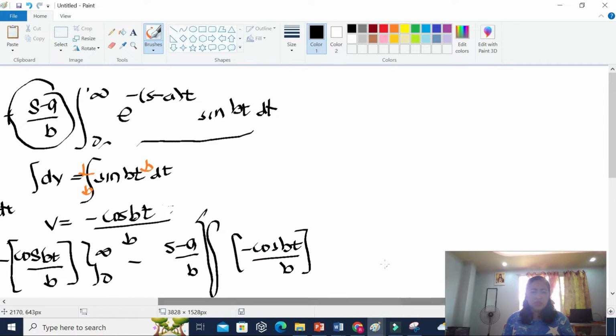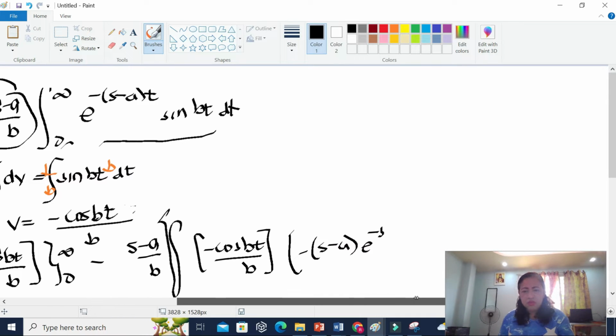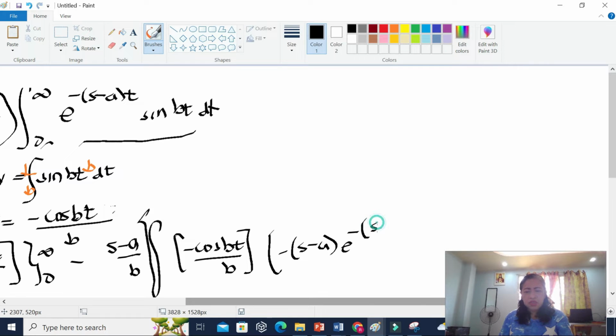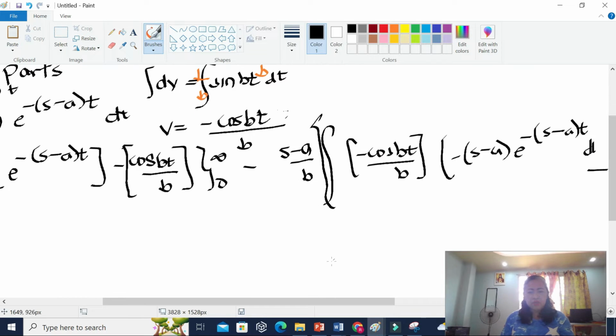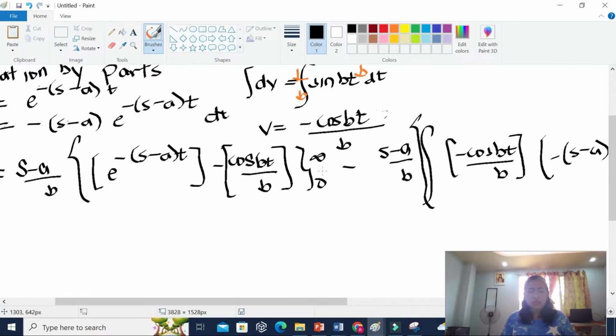So, our du is negative s minus a e to the negative s minus a t dt. Okay, simplifying this, evaluate natin muna itong ito, okay, ito. Yan, evaluate natin to, okay.